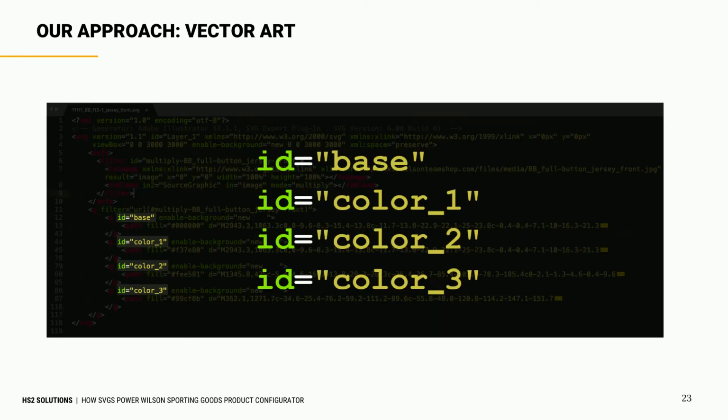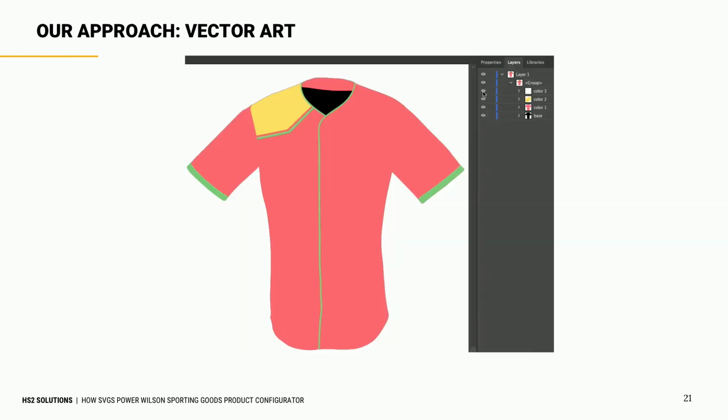What I get from that is the layers in Photoshop, in Illustrator. Sorry if I keep saying Photoshop, but correct me, it's Illustrator. The layers in Illustrator become IDs in the SVG file. So I had to make sure that they labeled base was the entire tracing of that product. Color 1 was the punch out of the neck.